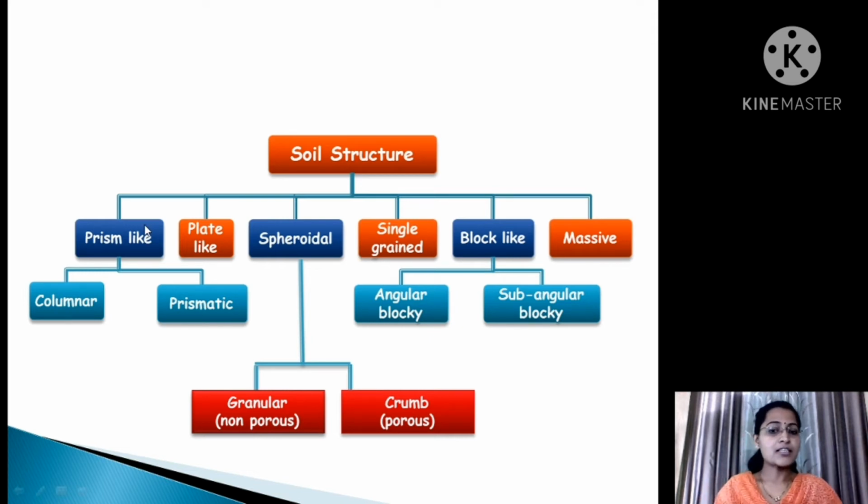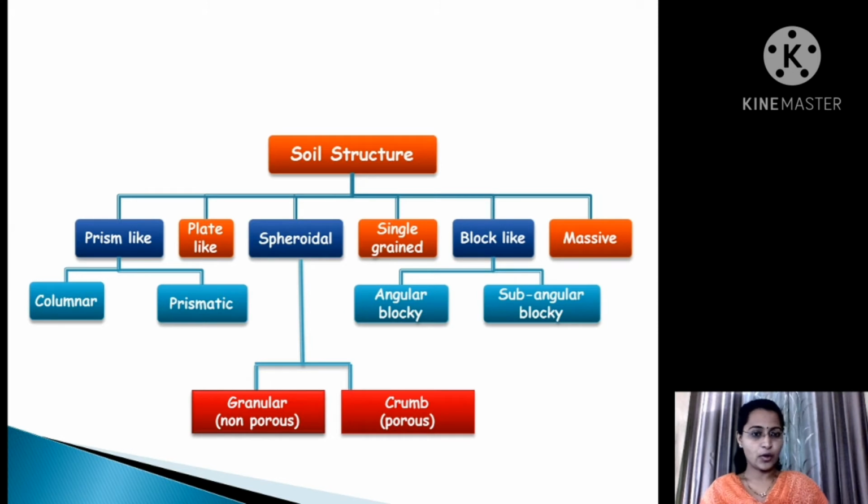3 classes are subdivided. Prism-like soil structure is classified into 2 types: columnar soil structure and prismatic soil structure. Spheroidal soil structure is again classified into 2 types: granular, that means non-porous soil structure, and crumb, that is porous soil structure.